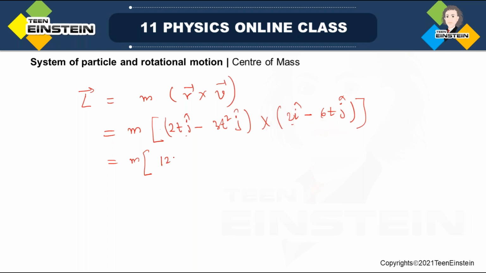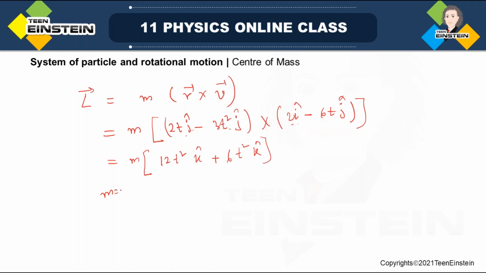So you have 12t square i j k, so this will give something. This will be again 6t square. j i means minus k, so this will be plus k cap.